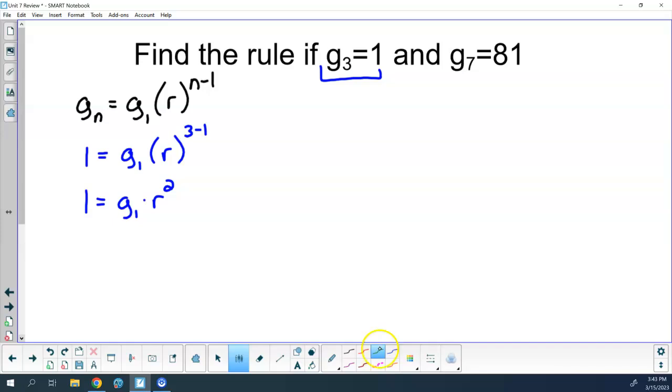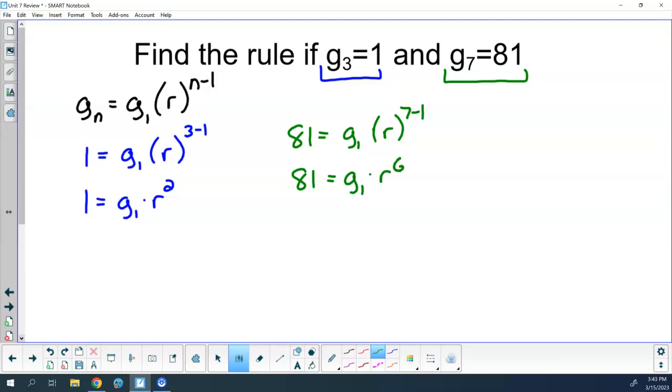Then you're going to apply it to the second term. Then we take the one with the smallest exponent and we solve it for g sub 1, which then we plug in to the other equation.